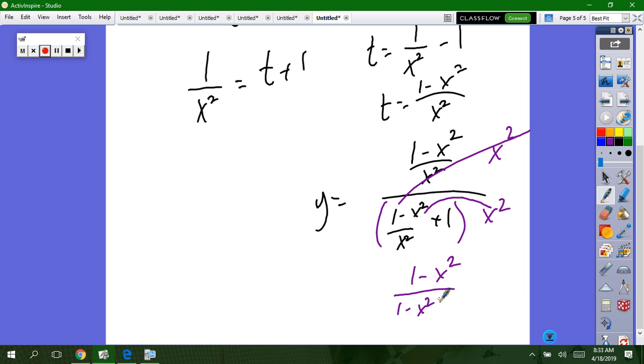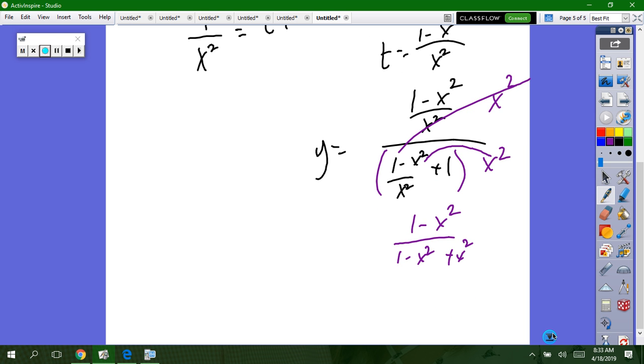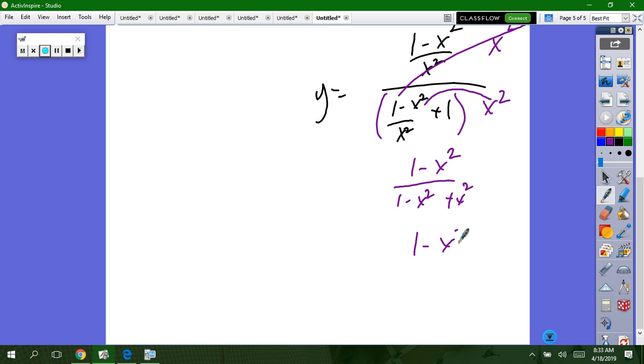And then distribute to him. And then what is that? Just 1 minus x squared. Right? So what is this? Just a parabola.